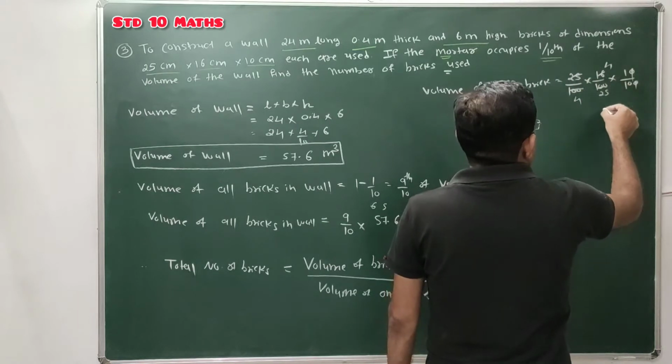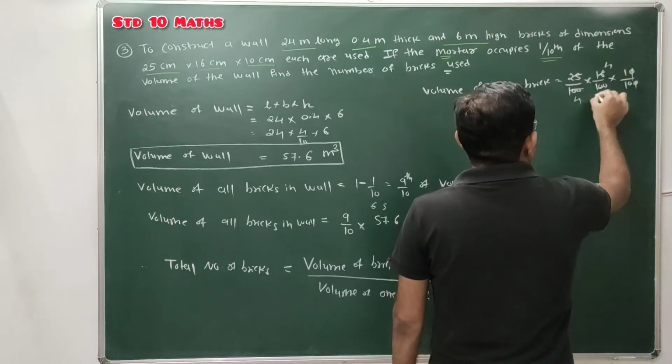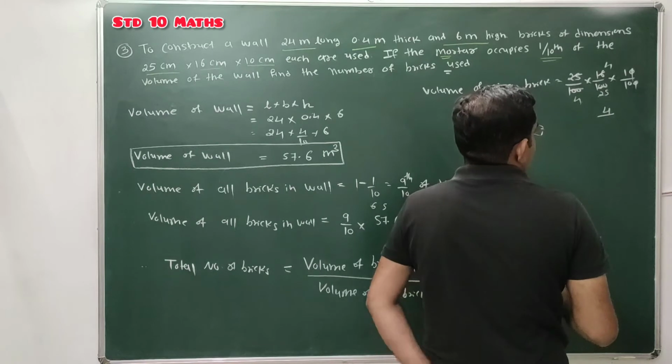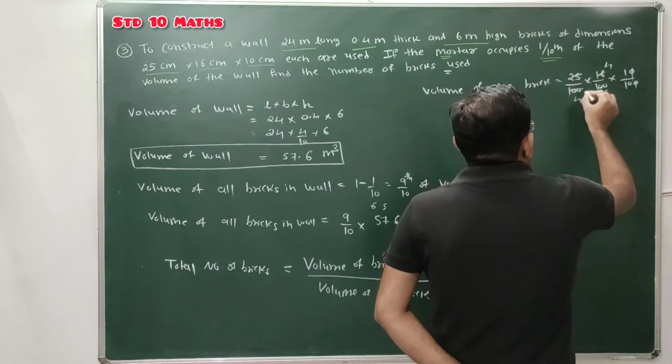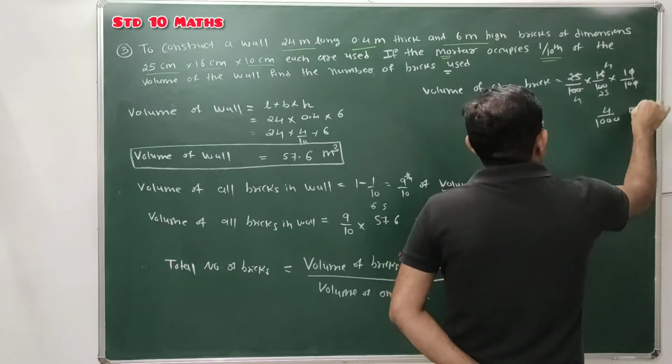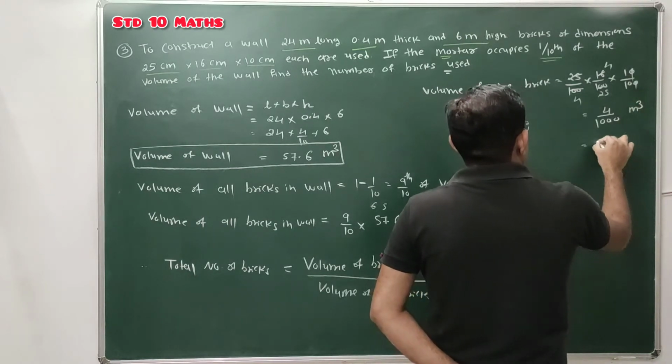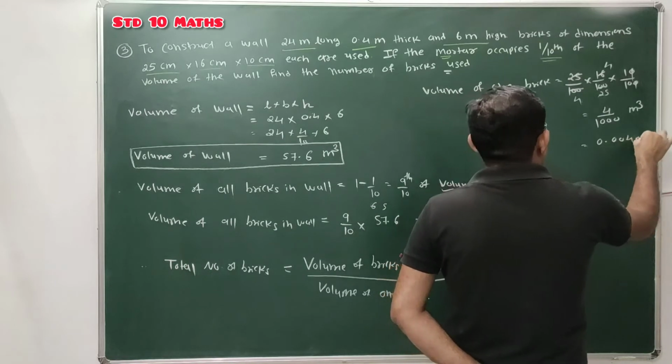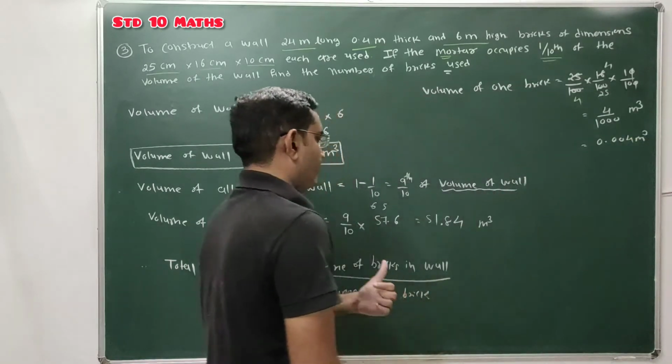So it's 4 upon 1000 meter cube. 0.004 meter cube is the volume of one brick.